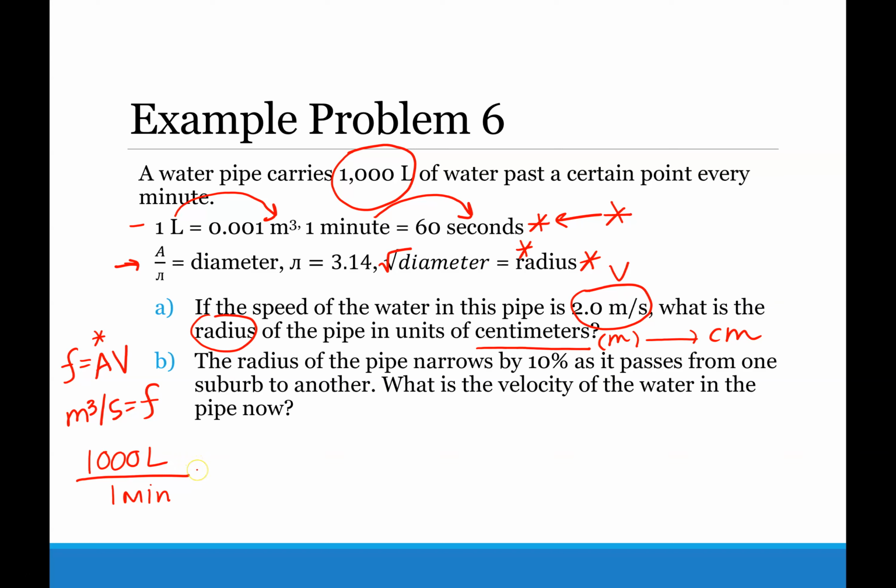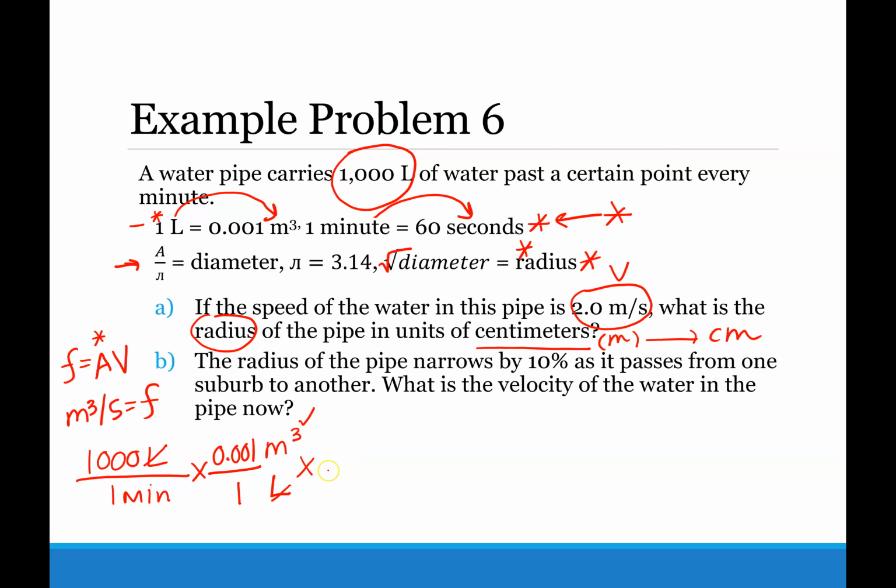So starting at the beginning here, we're going to draw our multiplication symbol, draw our division bar, bring liters down to cancel, cubic meters to the top. And so according to the conversion factor here, in every 1 liter, there is 0.001 cubic meters. So liters cancels and we're left in cubic meters. Now we need to handle the time.